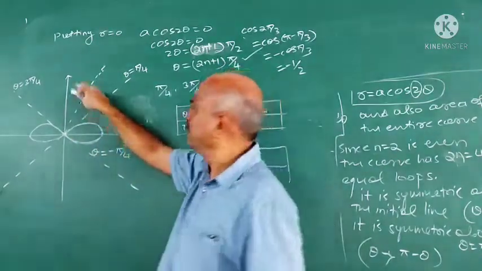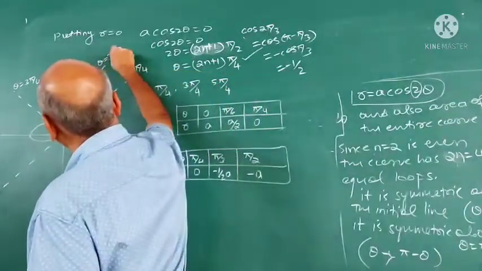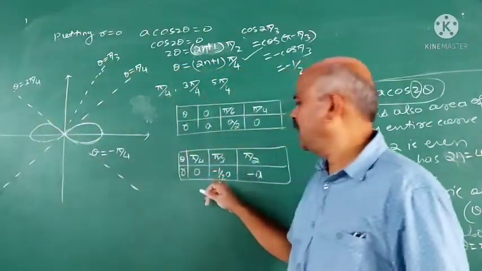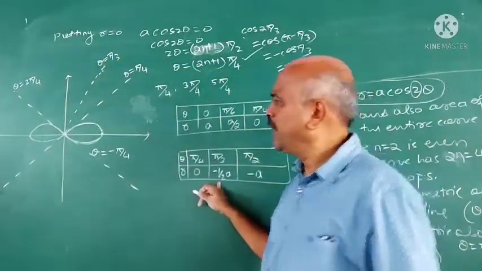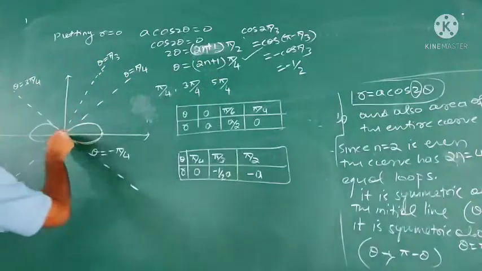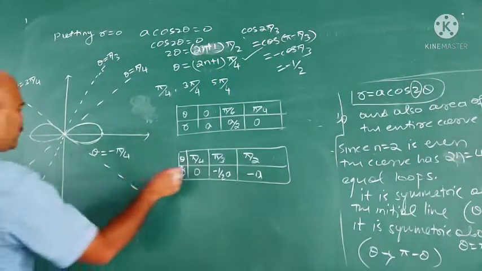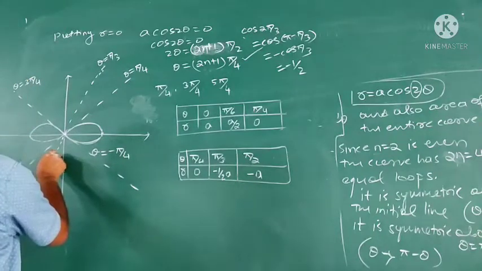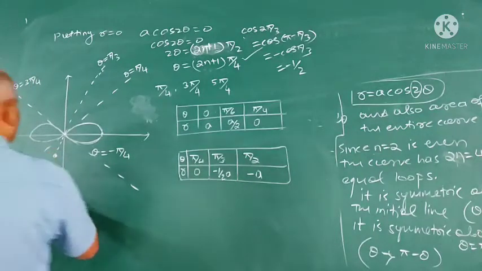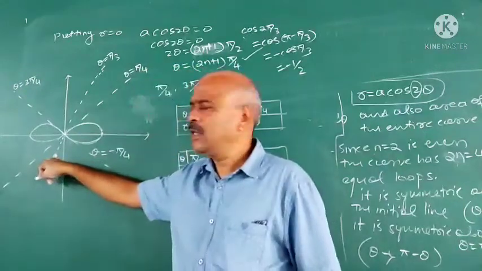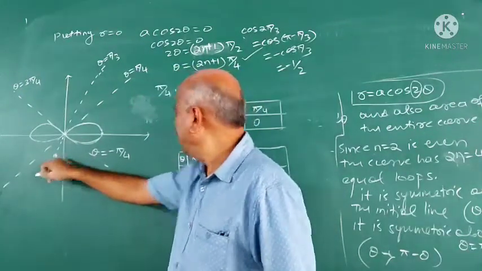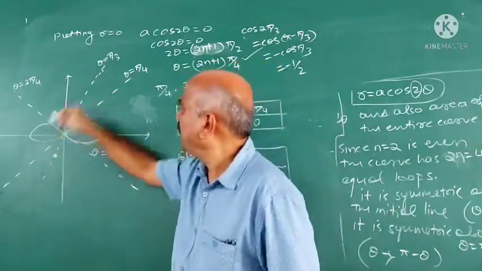But when theta is pi by 3, r becomes negative. Negative means on the other side you have to take; you have to extend on the back side of this line. And r is minus a by 2 means r lies here. So this point is minus a by 2, pi by 3.